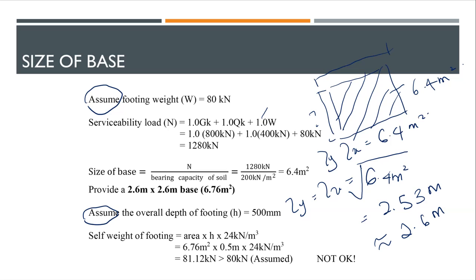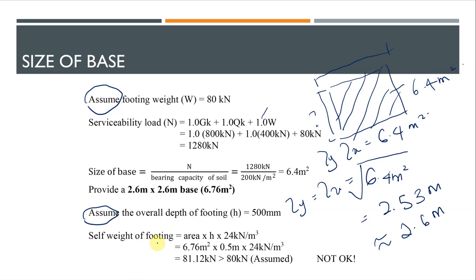Foundation normally is a heavy thing, so dia lebih tebal lah. So 500 mm ni lebih kurang separuh meter. Kalau you tengok 1 meter tu 1000 mm kan, dia separuh daripada 1000. So quite thick.